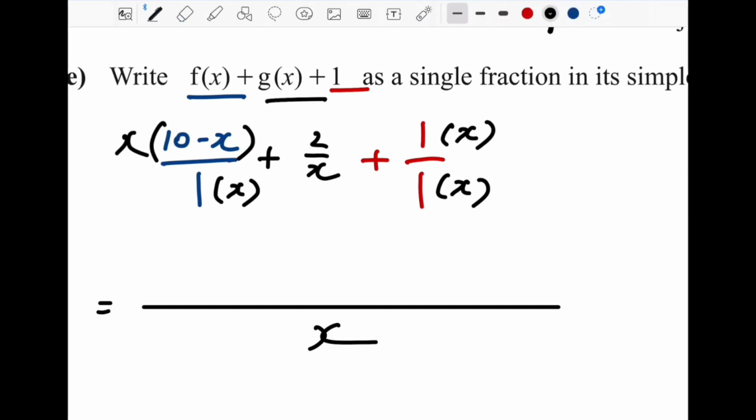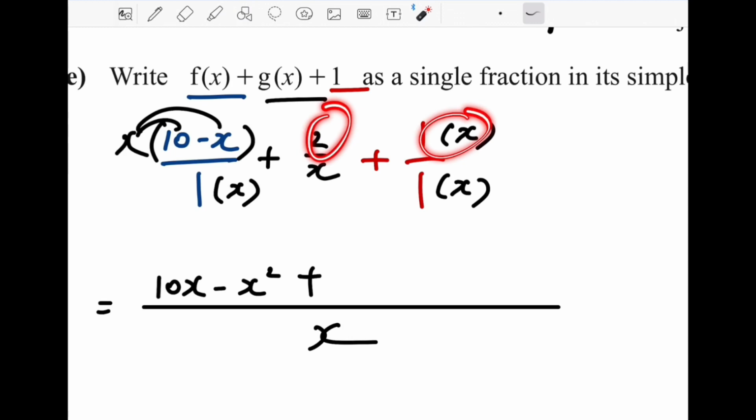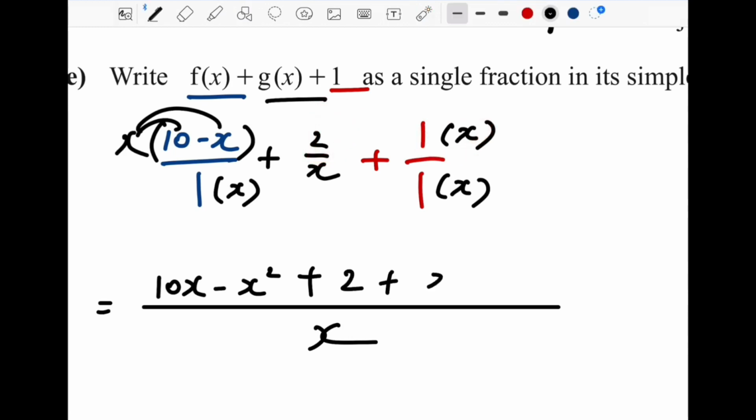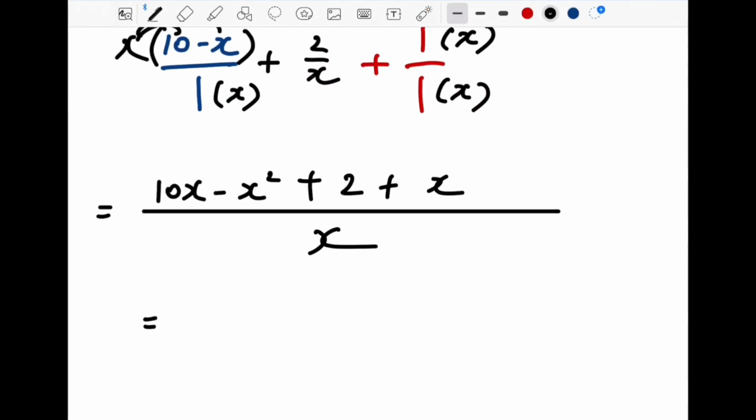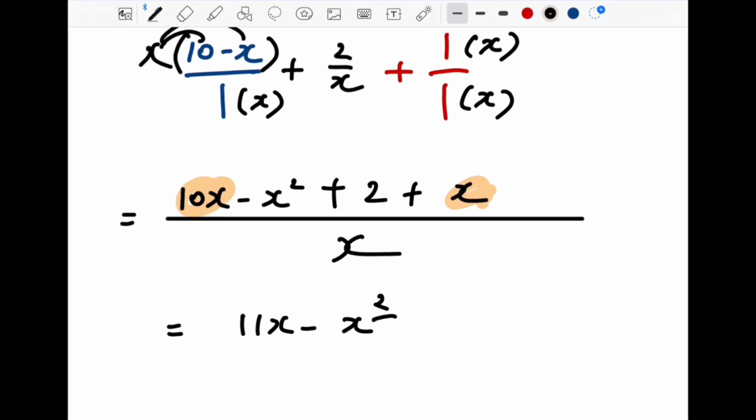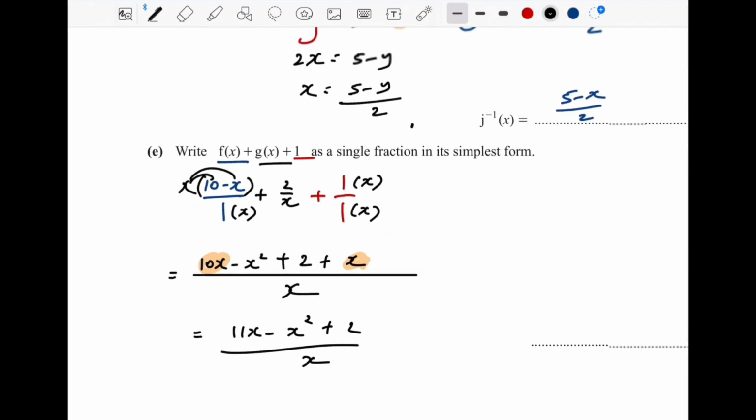But be careful on this part though. Plus 2 plus x. Collect the like terms. Okay, can you further simplify it? No, I don't think so. That's the final answer.